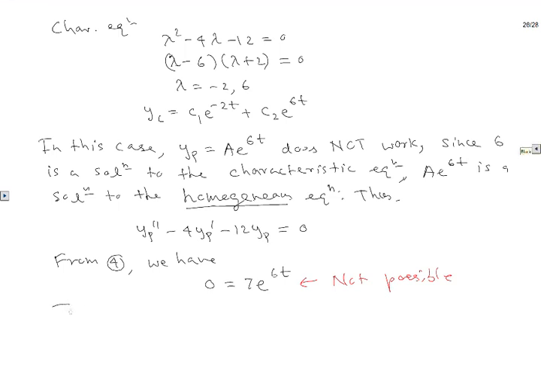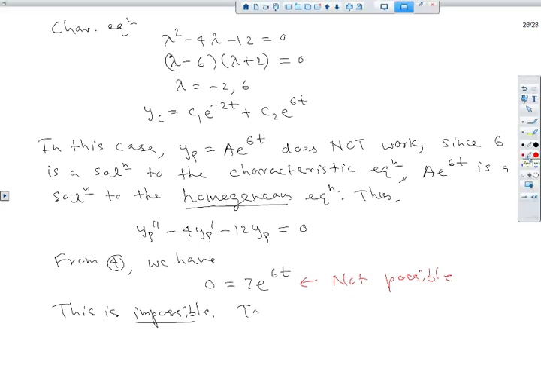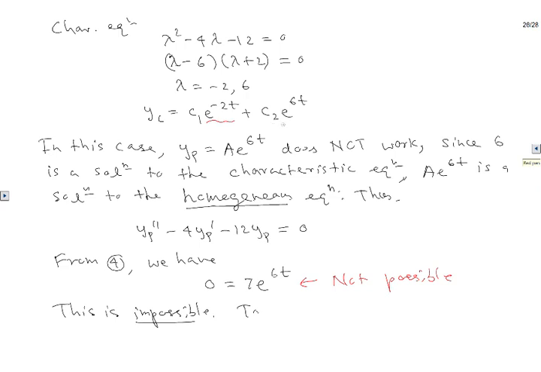So let's write it: impossible. To avoid this, we need to create a solution which is linearly independent of those two terms. What are the two terms? We need to find a solution which is linearly independent of those two terms, but still close to e to the 6t. So we simply multiply by an extra t. T is the independent variable.